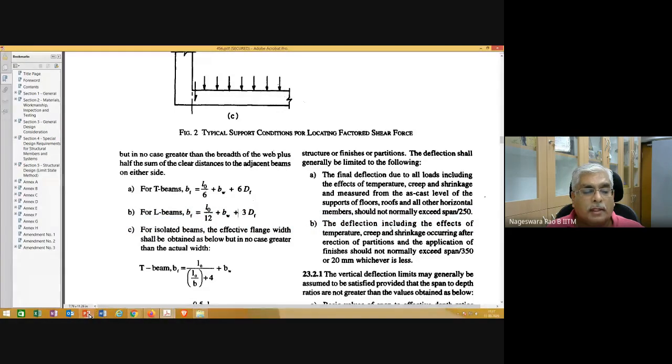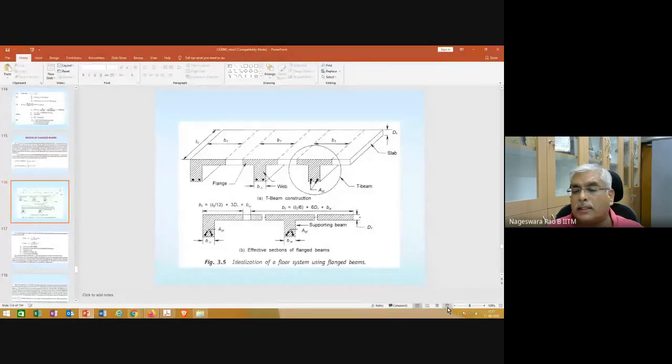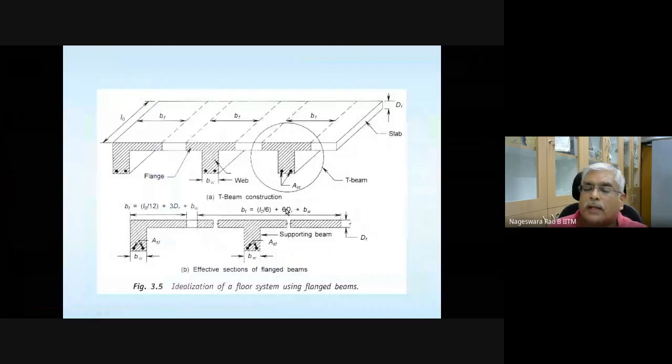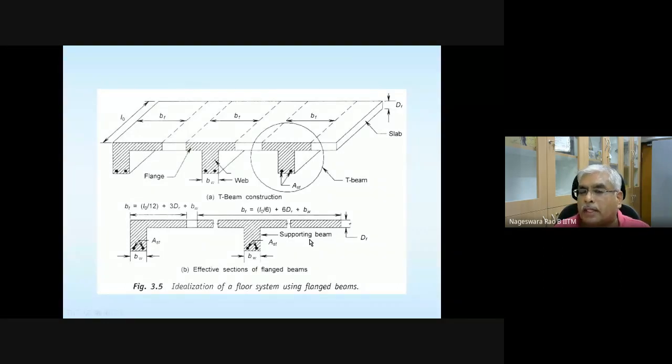Let's go further. Those equations I showed you are depicted here in the form of a figure, and other quantities are also shown. Capital DF is the depth of the slab, and BW is the width of the web.